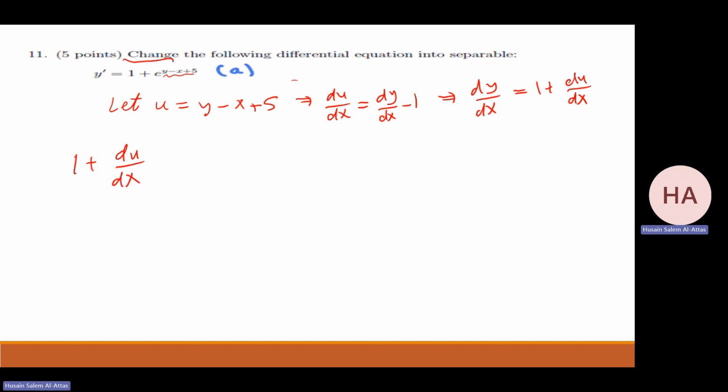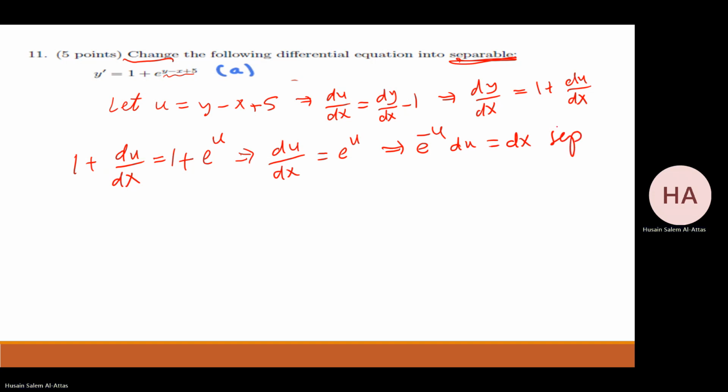By the way, the question doesn't want me to solve it. Just change it into separable. That will be 1 plus e to the power u. So I have du over dx equal e to the power u. Done. I have e to the minus u du equal dx, which is simple. This is a very, very easy one.